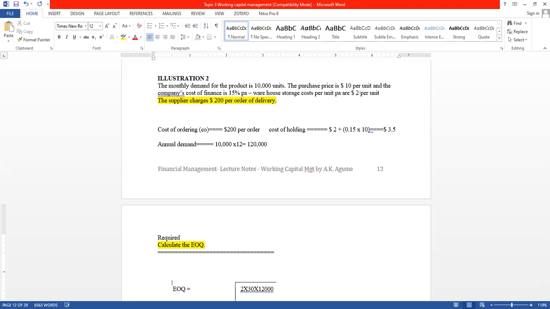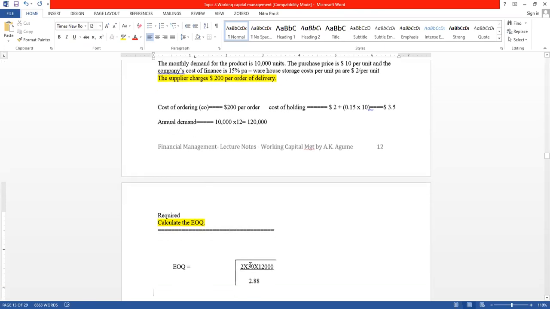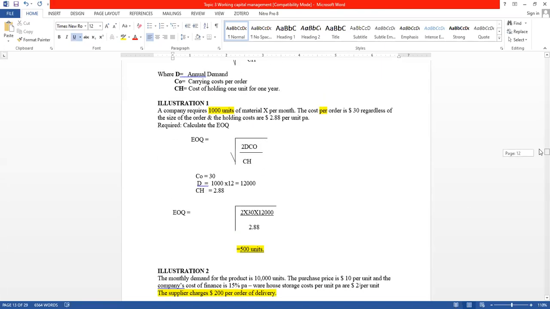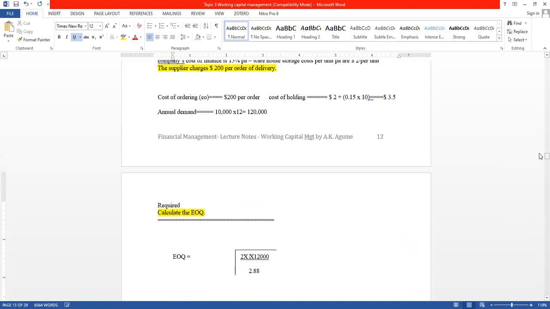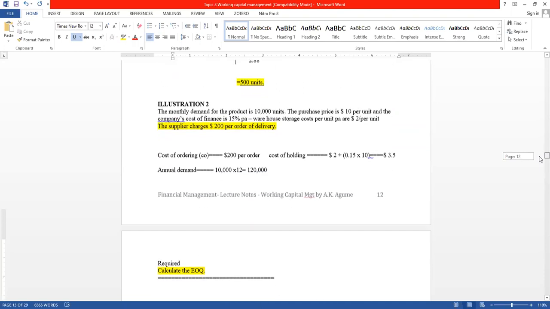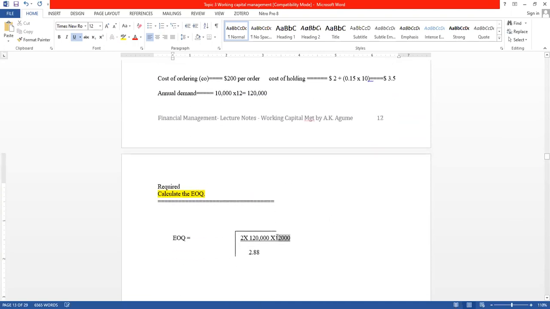So if I substitute here, it's going to be 2 times the annual demand, which is 120,000, then multiply by the cost of ordering, which is 200. I divide this by the cost of holding.